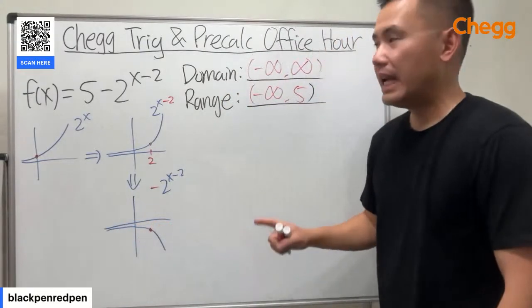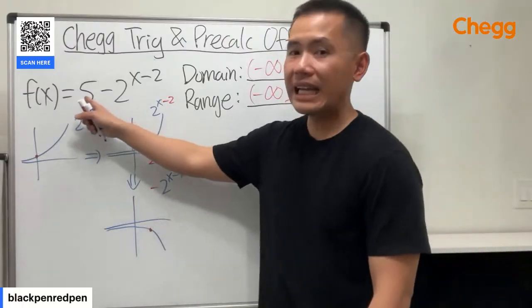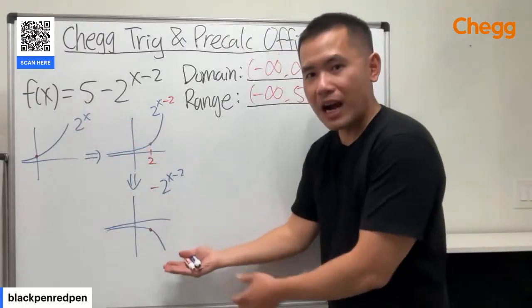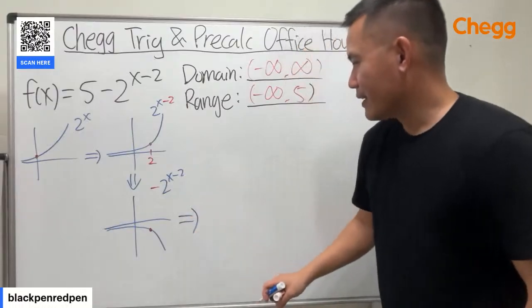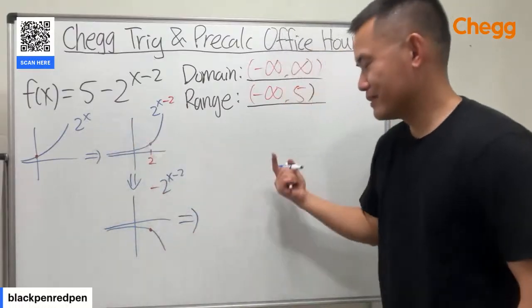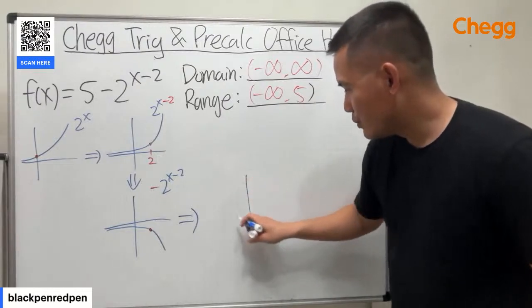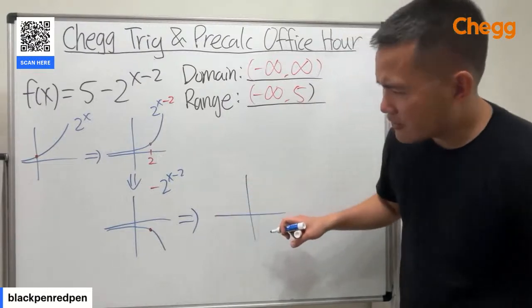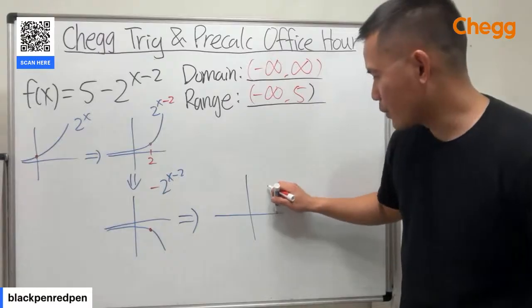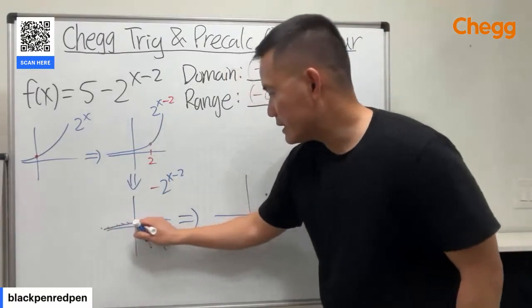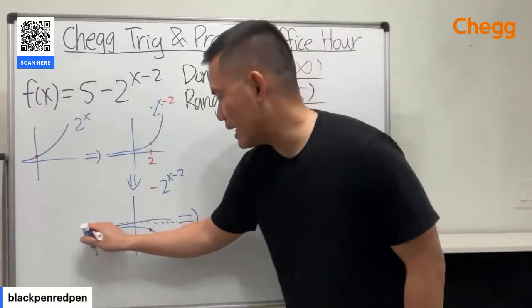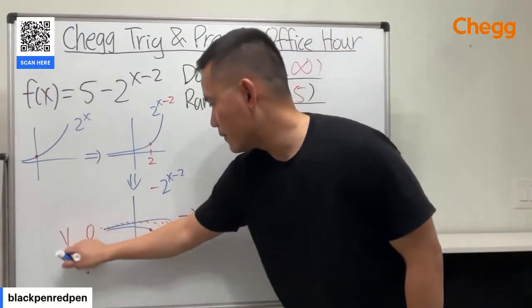Okay, and then lastly, we have to add the 5. So we are going to take this graph and go up 5 times. So it'll be somewhere like right here. But remember, this part right here is the horizontal asymptote, which is at 0, right?